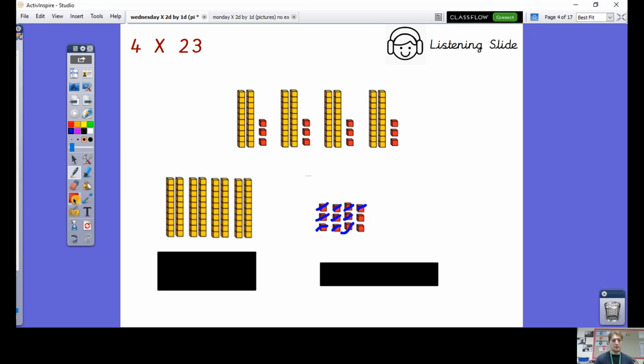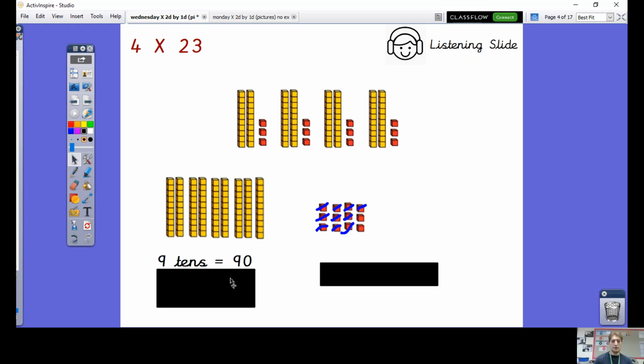Okay. Now I've done that, I can draw in another block of tens, and I can transfer that over there. So now I have 9 tens because I've transferred 10 ones over, and I have 2 ones left.